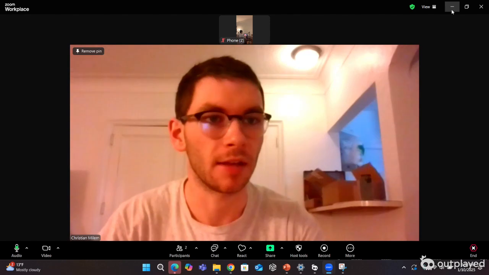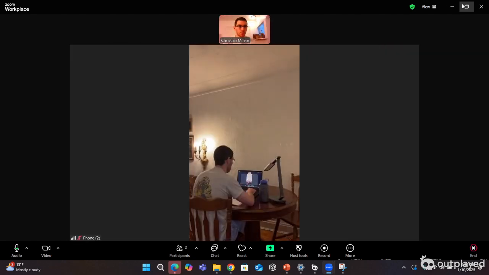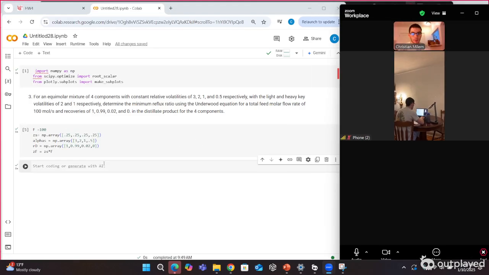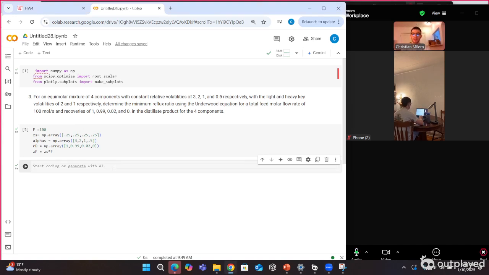So we'll be using that so I don't have to pull from memory what I just did 5 minutes ago. It would be a function of our alpha, our feed composition, and our theta. But since we're defining those for this problem, we're just going to make it a function of theta.